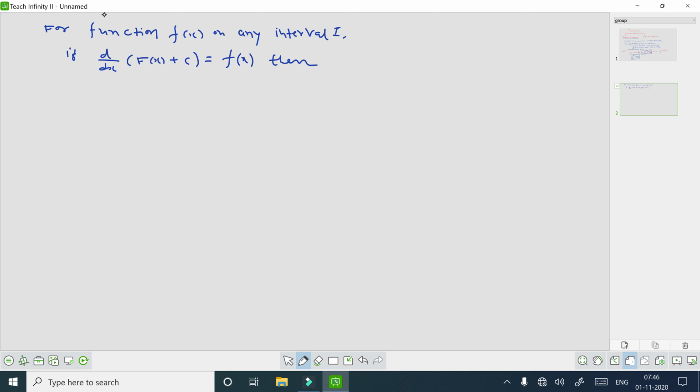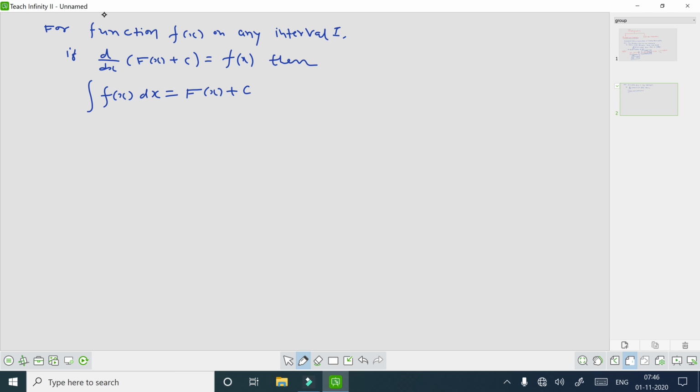See, for a function f of x on any interval I, if d by dx of capital F of x plus c is equal to small f of x, then the integration of f of x dx is equal to capital F of x plus c.